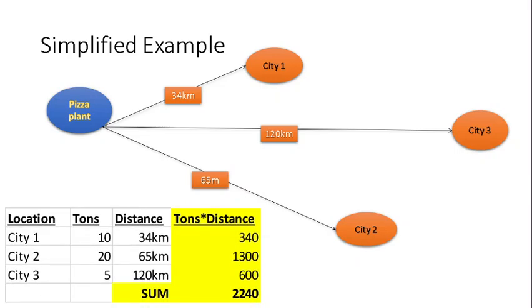If we gather all those distances into one table, we can identify that we need to deliver for city 1 10 tons per month, for city 2 retailer 20 tons per month, and for city 3 5 tons per month. The distances are given to us, as you can see here.